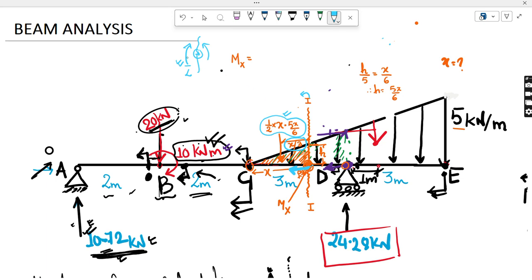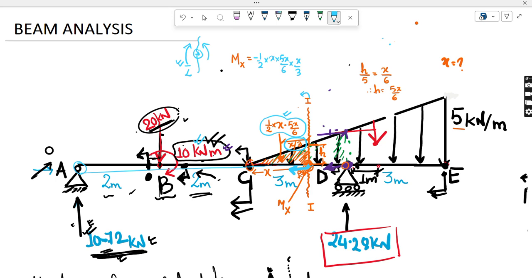So this will be negative: minus 1 by 2 x into 5x by 6, distance is x by 3. Very good. Now this 10 kilonewton, I have to see left of this whole region, all up to the point A.